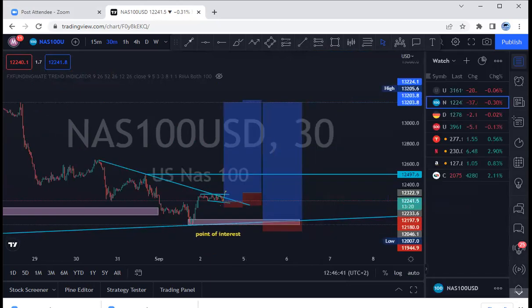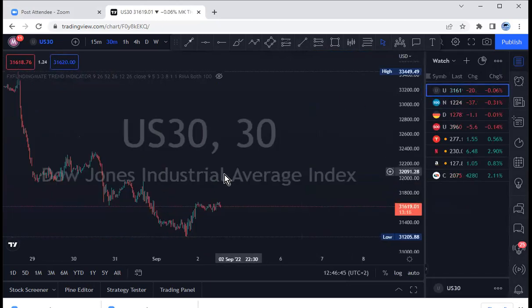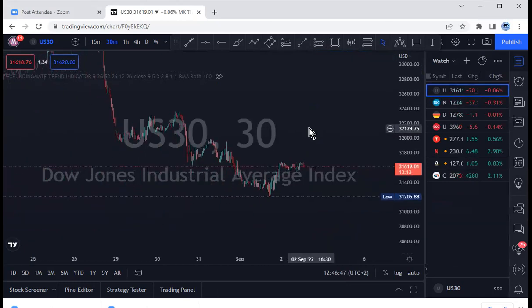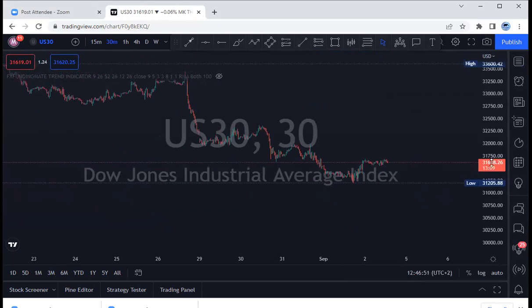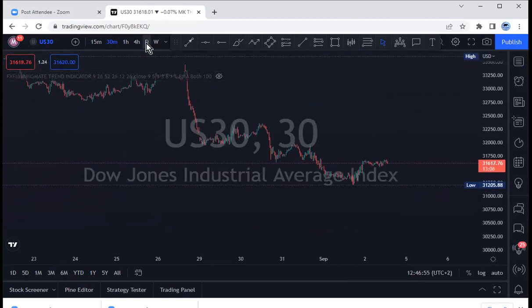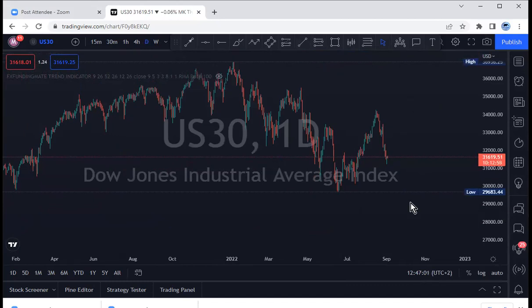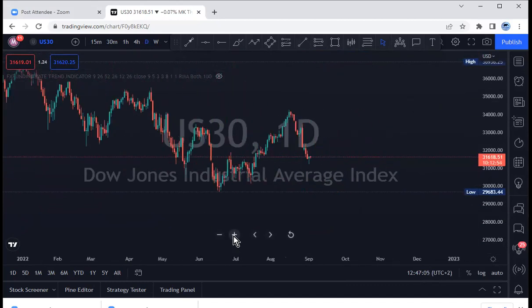So let's check US30, but I believe it's going to be similar. Starting on the daily, already I'm seeing something interesting here.